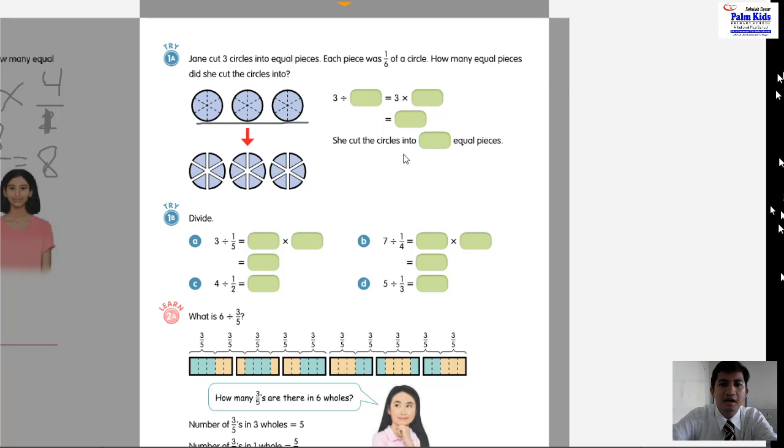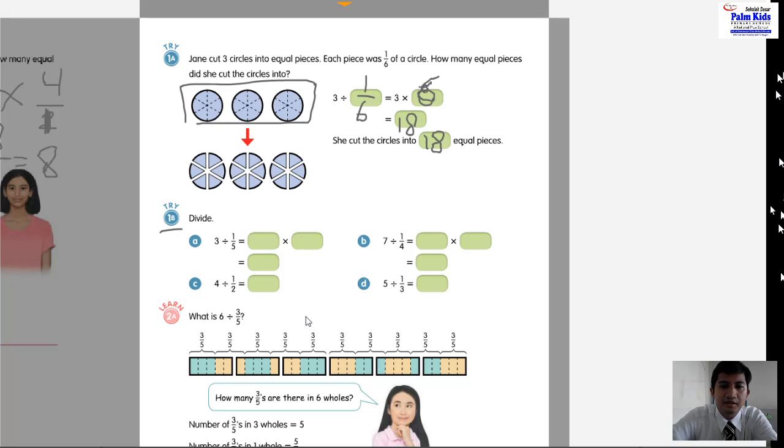So she had three circles and she wants to cut into 1/6 each. 3 multiplied by 6 per 1, or 6, equals 18. So she cuts the circles into 18 equal pieces. If you use a picture, you can know the pieces right away. But if you don't have it, you have to follow the steps.